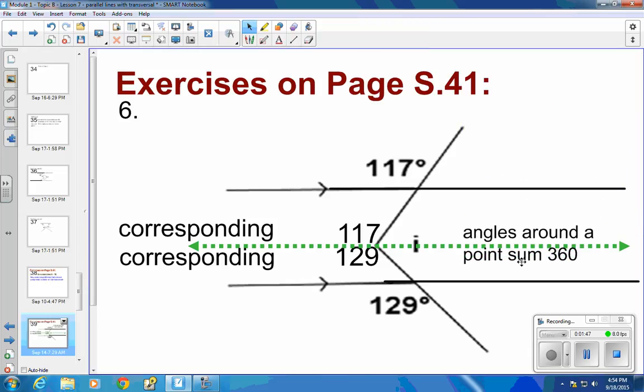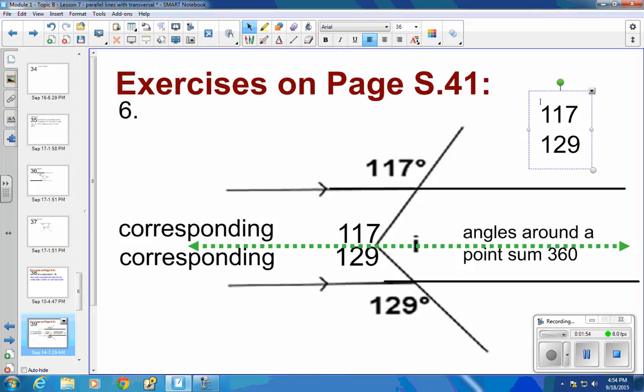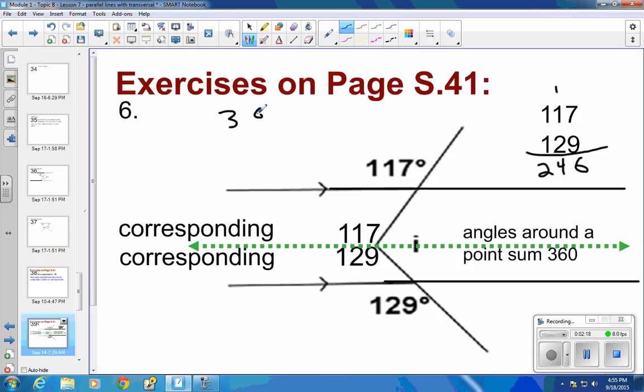So if I take the 117 and the 129 and I add them together, 9 plus 7 is 16, carry the 1, 2 plus 2 is 4, and 1 plus 1 is 2. That makes these two angles together 246, and if it's 360 the whole way around, I can take the 360 and subtract off the 246.